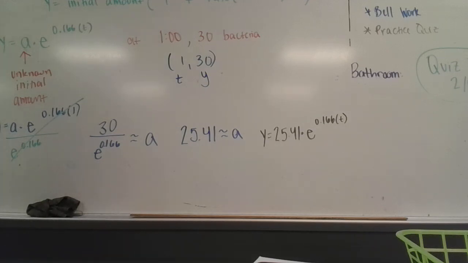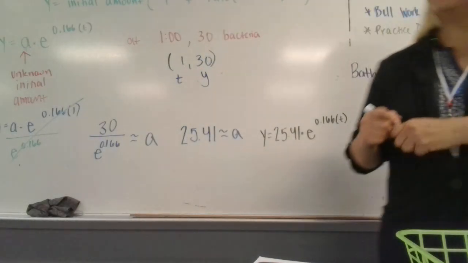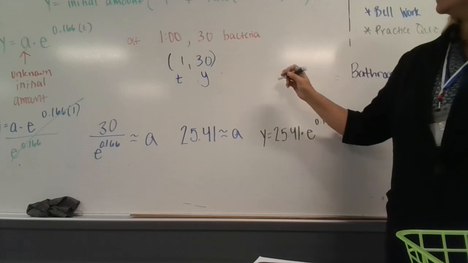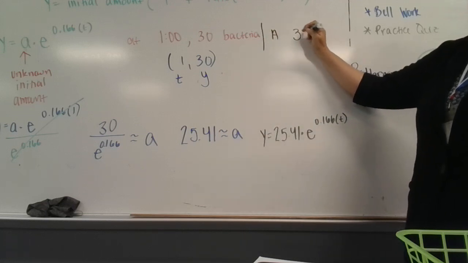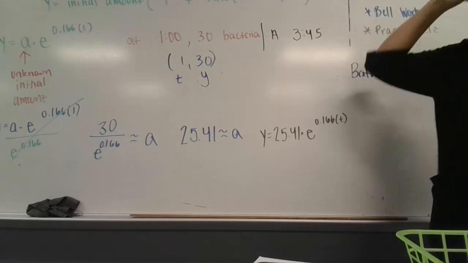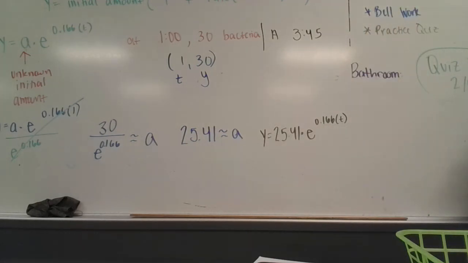So we already found A, now there's more we have to do? Yeah, the actual question is to find the number of bacteria at 3:45. If the scenario starts at noon and we're supposed to find 3:45, how much time has gone by? Yes, very good. I used to think 3:45 would be like 3.45.